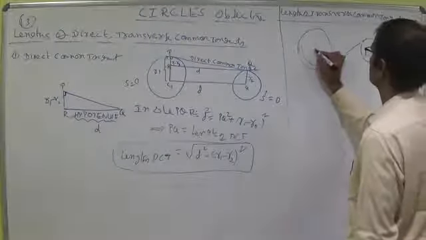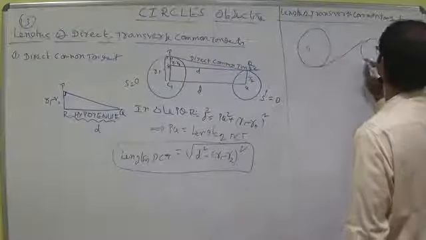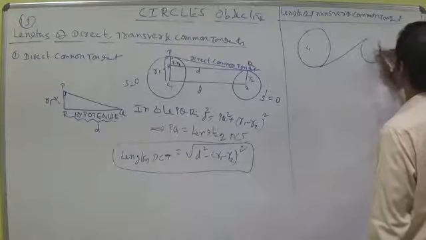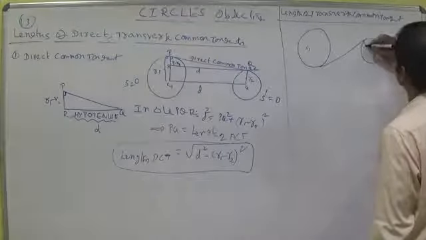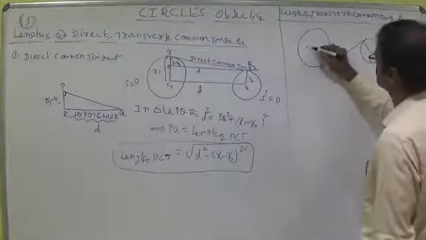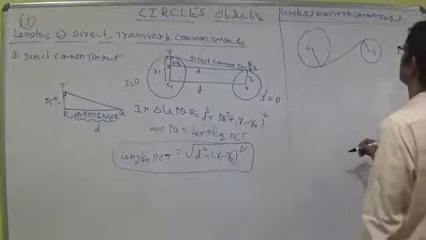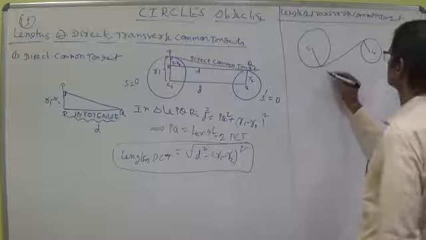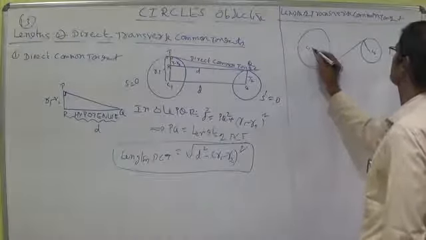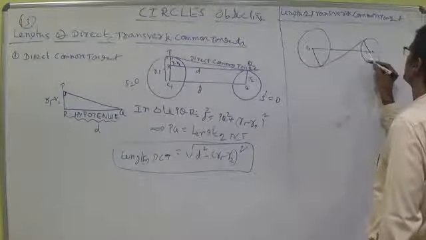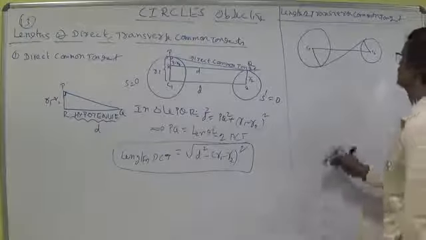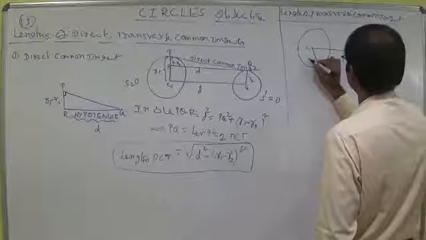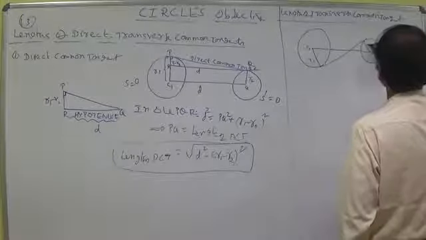Put here C1. Put here C2. Draw like this. We know that C1C2 is equal to D. Now we should calculate, students. This is R1.